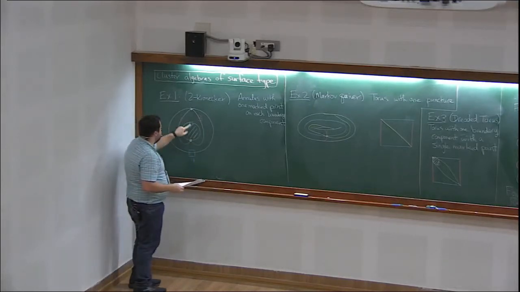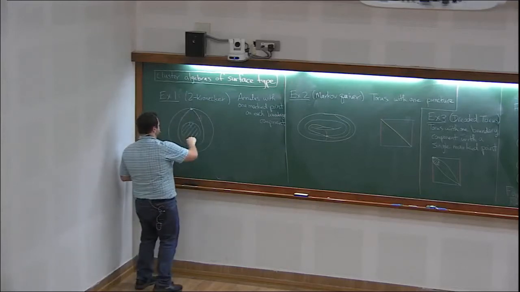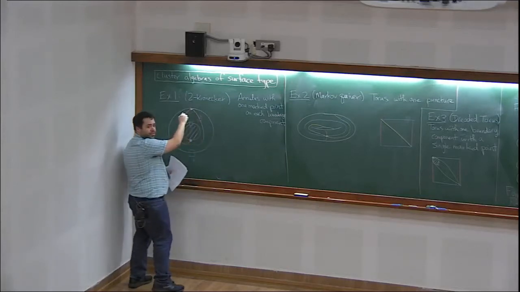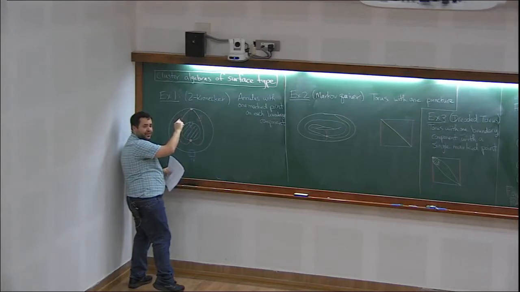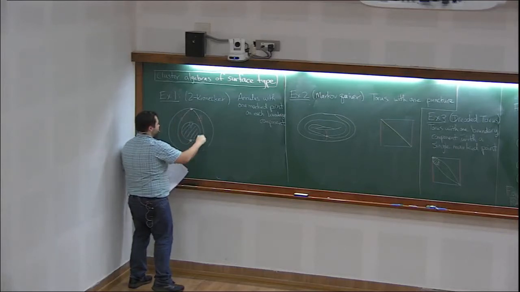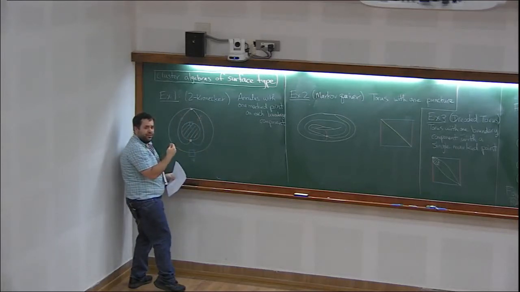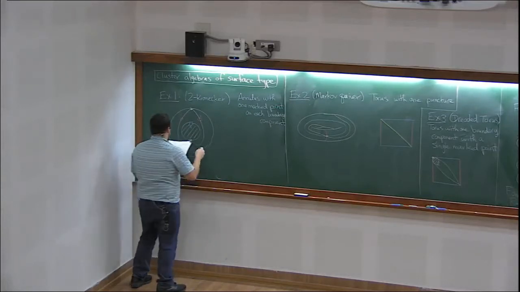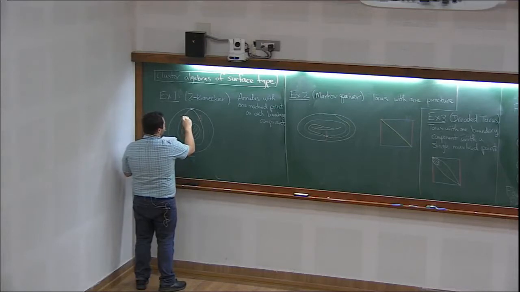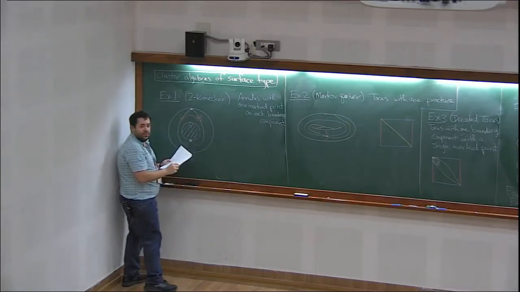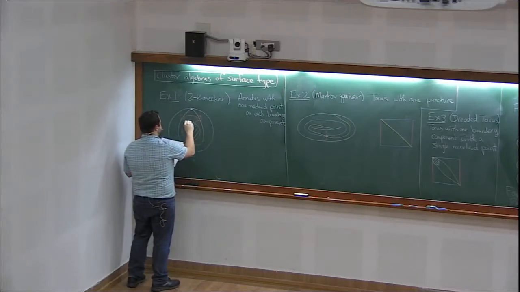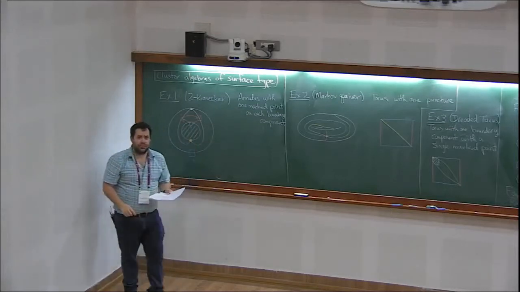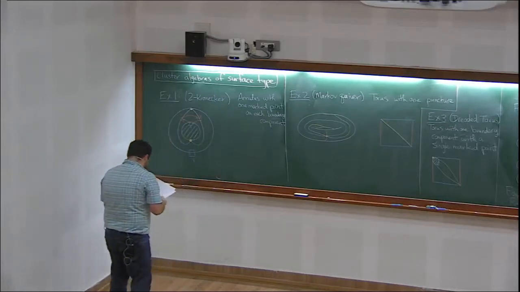Here's a triangle with three sides. I want to make an oriented cycle here, going clockwise. I'm going to connect this one to this one, here to here, and here to here. So I've done this one time.